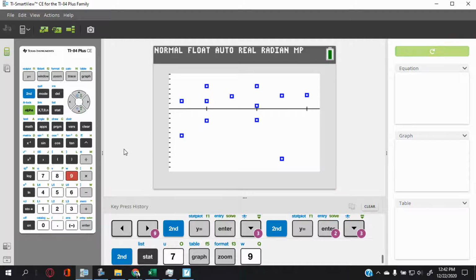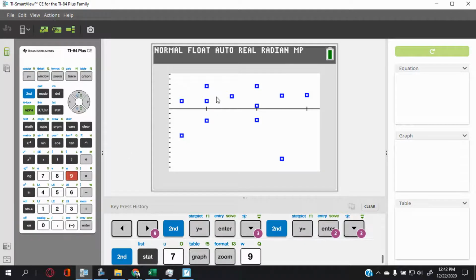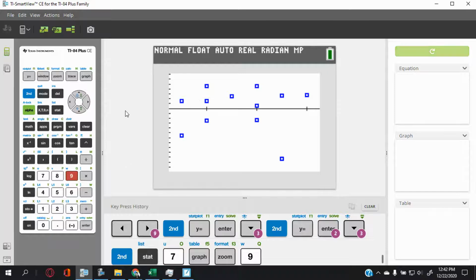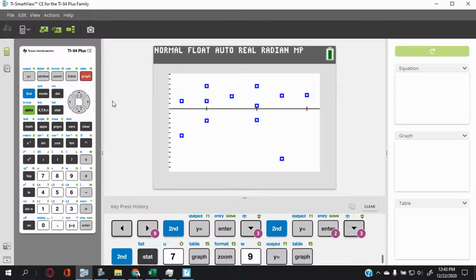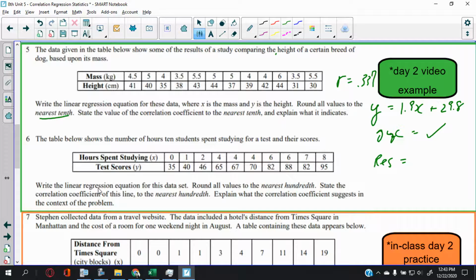And the second thing is, I'm kind of half joking, the reason why the points look so scattered and so good is because we used the calculator to get the equation in the first place. Of course it's going to be good. The calculator did it. Of course our residual plot looks good. So that makes sense, right?